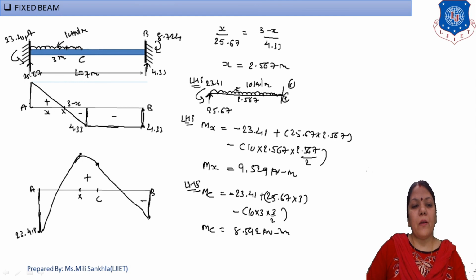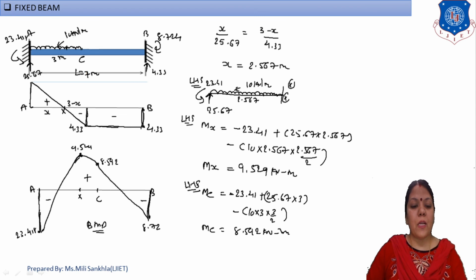Plus, minus, minus. The value at this point is 9.529, at this point 8.592, and from this point my answer is 8.72, and this is my BMD diagram.